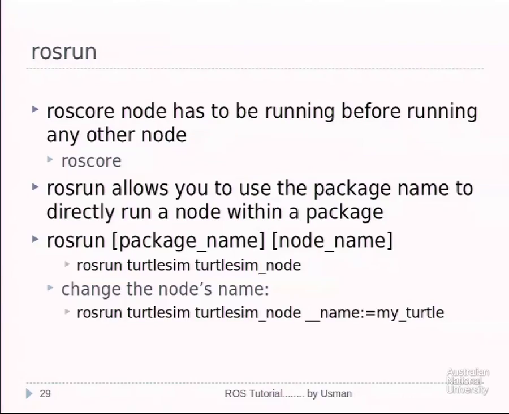The basic way is you write rosrun, then the package name, and then the name of that node. The example here, the last line, is rosrun turtlesim turtlesim_node.